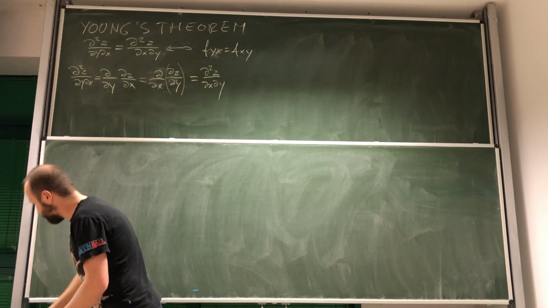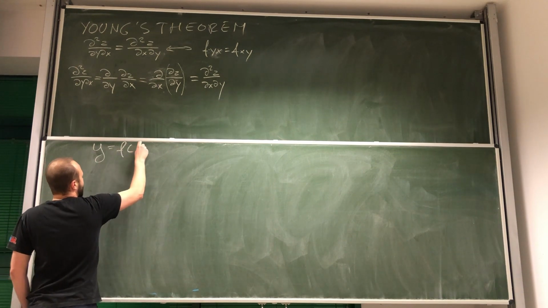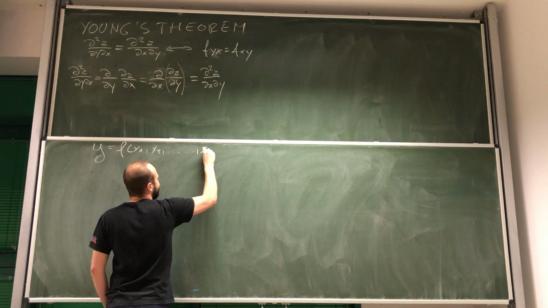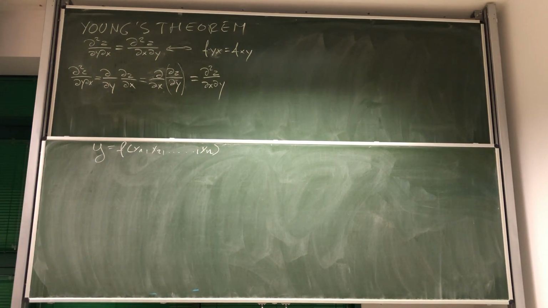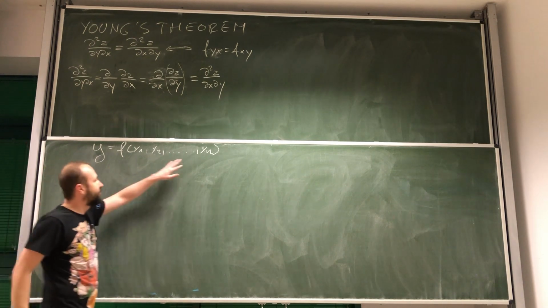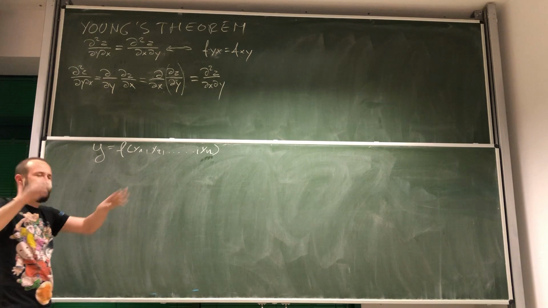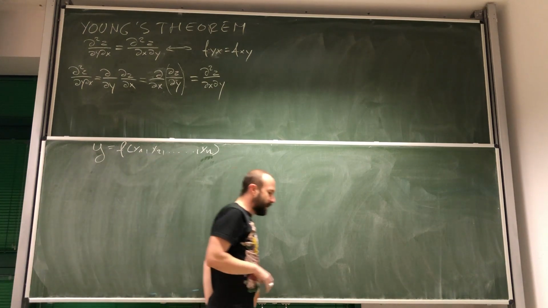So now let's imagine that y is a function of x1, x2 until xn, where n is some finite positive integer, but very, very big. So we have a finite number of variables in the function.